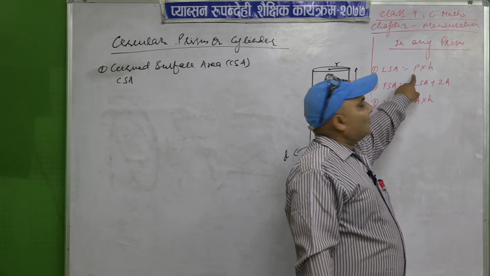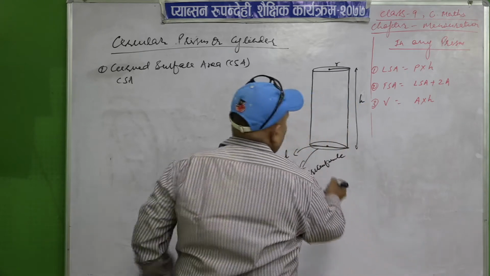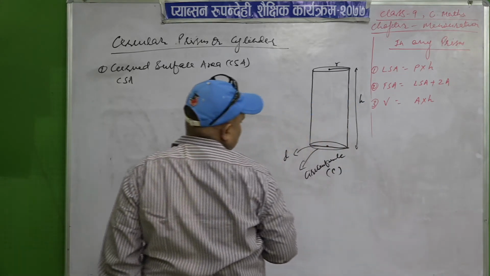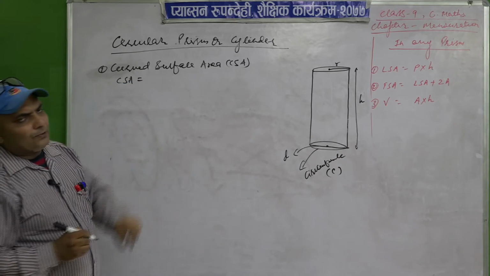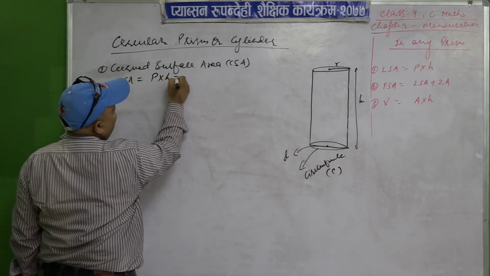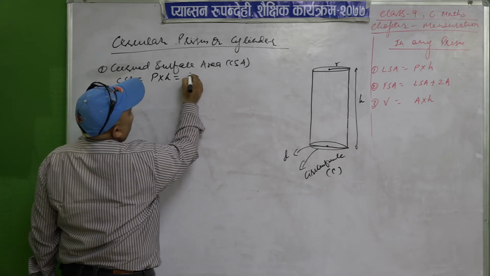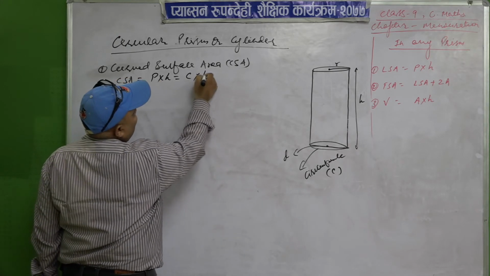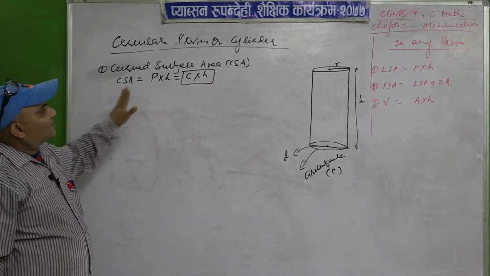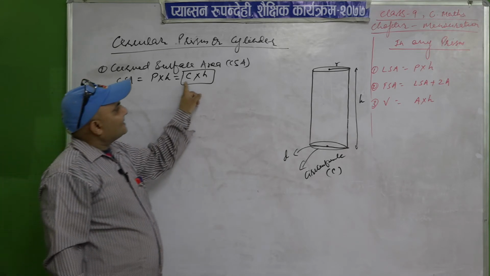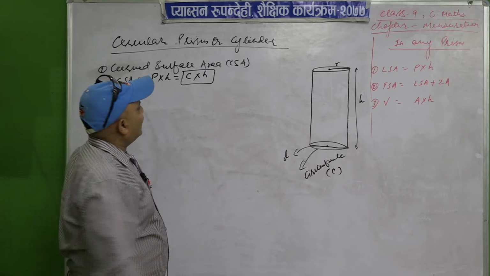But in a circle, we don't say perimeter, we say circumference. Suppose this outer boundary circumference is C. So in the circular prism it is called circumference, C into H. That will be one formula for the curved surface area of the cylinder, that is C into H, C for circumference, H for height of the cylinder.